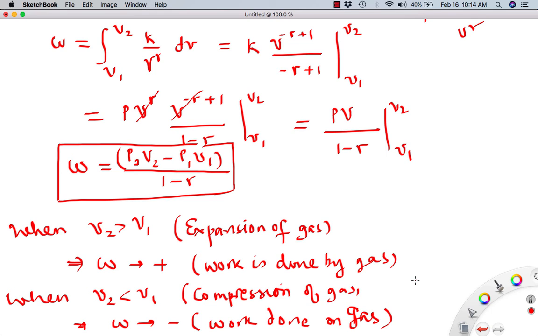So let's see an example that is presented in the textbook, where we are asked to find the work done during an adiabatic process. So here's an example of a numerical problem.